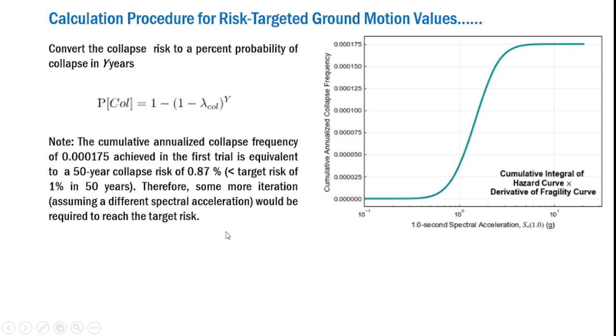Remember that the computation of the risk-targeted ground motion at a particular spectral acceleration or time period is a trial and error process, and only when we achieve a target risk of 1% in 50 years will we obtain the corresponding so-called risk-targeted ground motion.